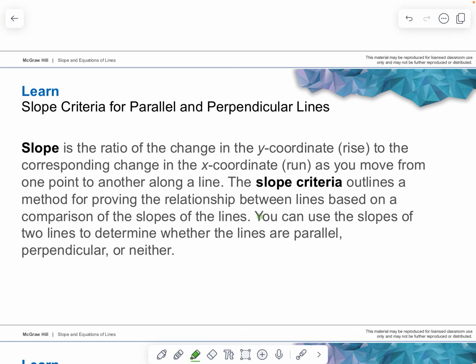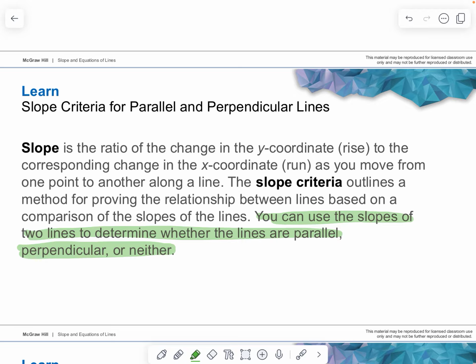This is the important part that I really want you to hang on to. By looking at a slope, you can know if lines are parallel, perpendicular, or neither, just by looking at the numbers. And that'll come to you a little bit quicker as we go, okay?